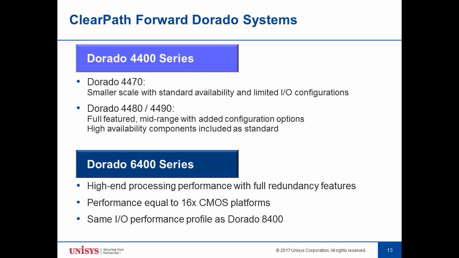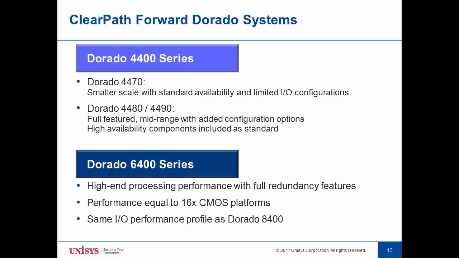It's really configured to hit a specific price point for people with a very minimal level of OS 2200 processing requirements. And even though it provides a lower level of OS 2200 performance, it does maintain quite a number of the high performance features that we'll talk about in the other systems.